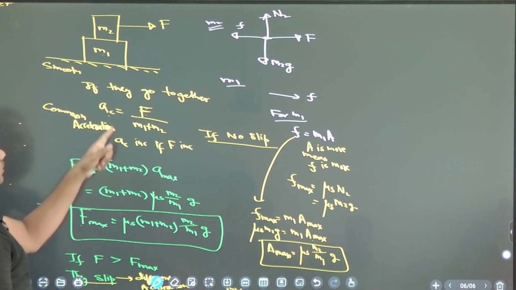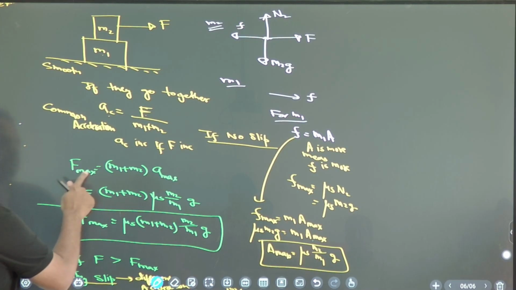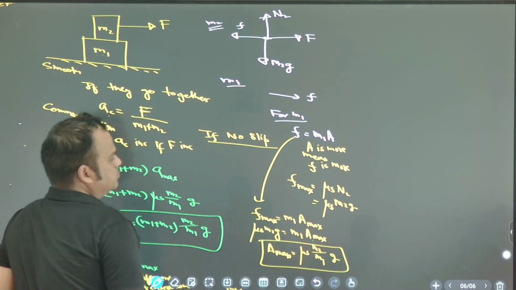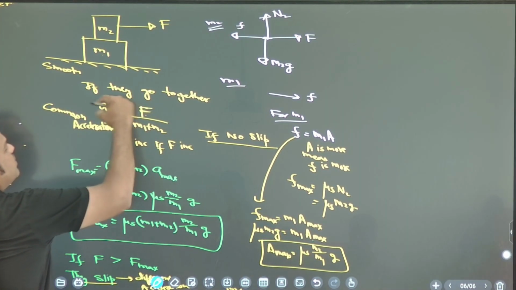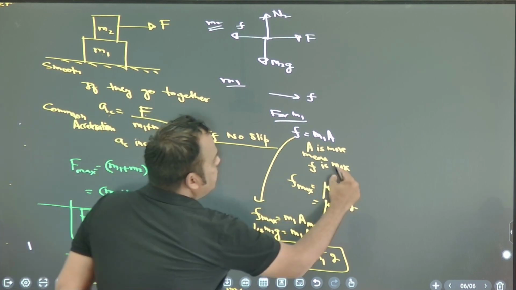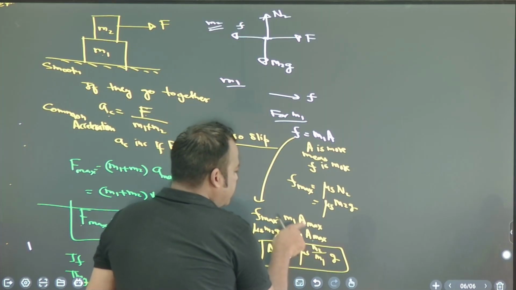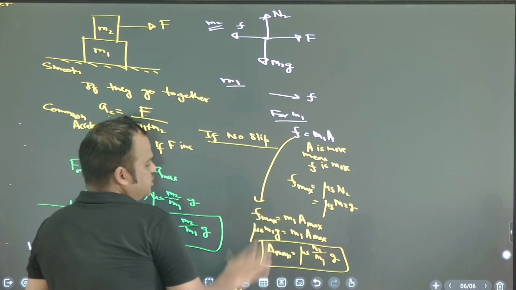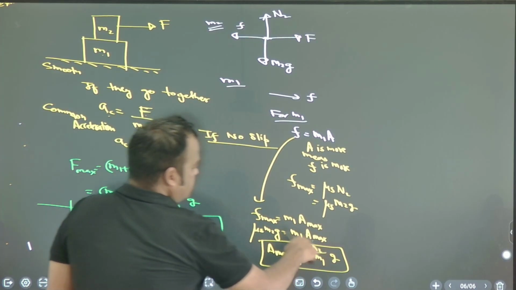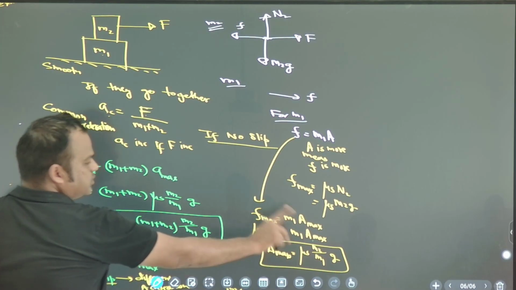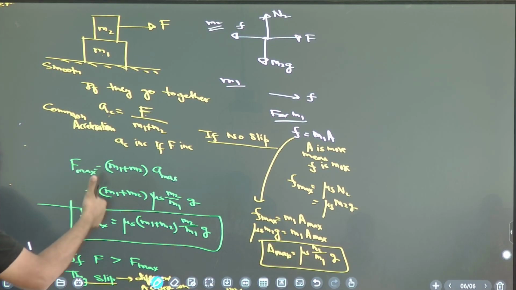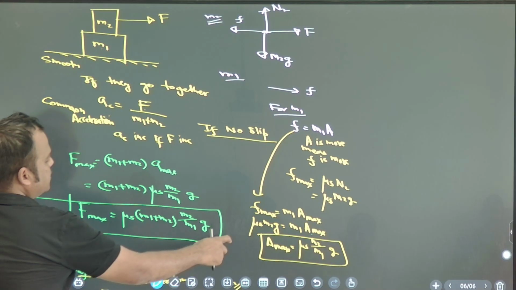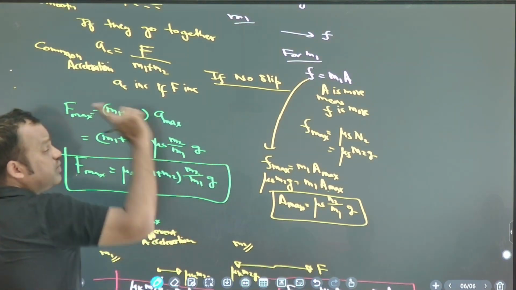Maximum value of common acceleration is this. When F is maximum, a is maximum. When a is maximum, friction is maximum. Maximum friction mu s M2 g is M1 a max. Okay, clear? So you got the maximum acceleration and the maximum force. So finish.